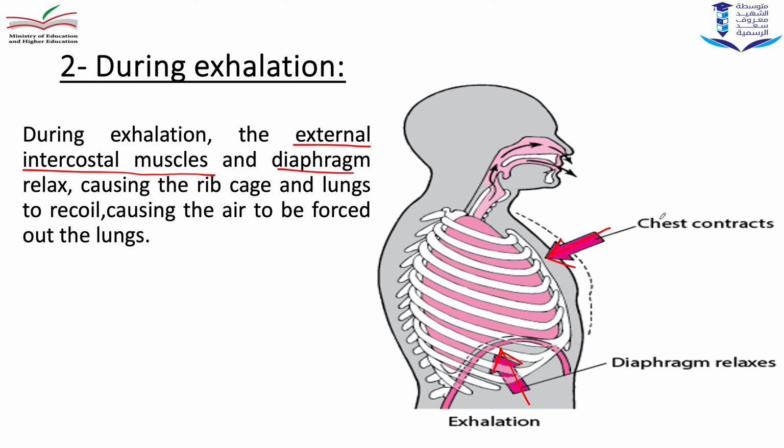Here you can see that these two muscles, the intercostal muscles and the diaphragm, are relaxing and causing the rib cage and the lungs to recoil, causing the air to be forced out of the lungs. So the relaxation of these muscles causes exhalation. Who are the important muscles for exhalation? They are the intercostal muscles and the diaphragm.